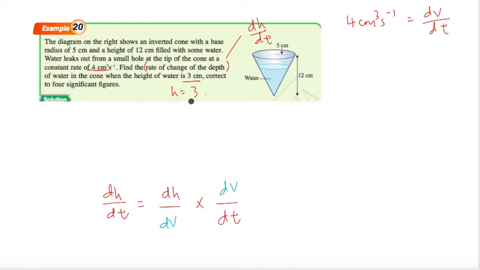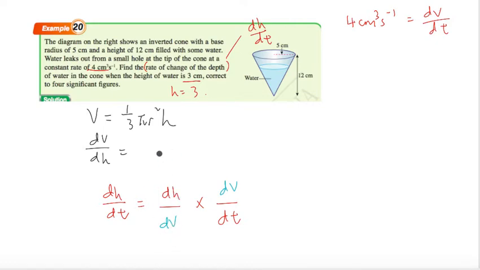The volume of the cone is 1 over 3 pi r squared h. From here you can find dV/dH. After you find dV/dH, you flip it to get dH/dV, flip the answer.